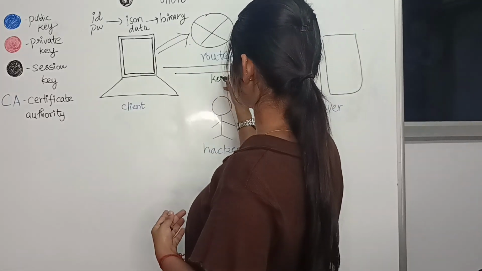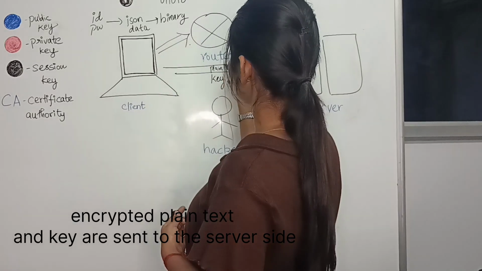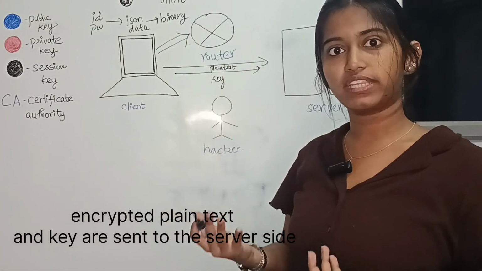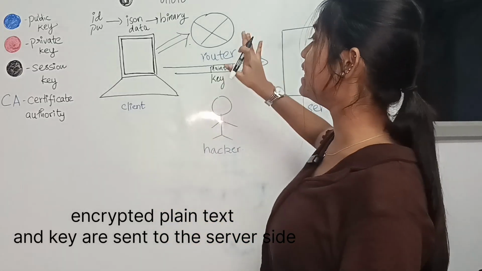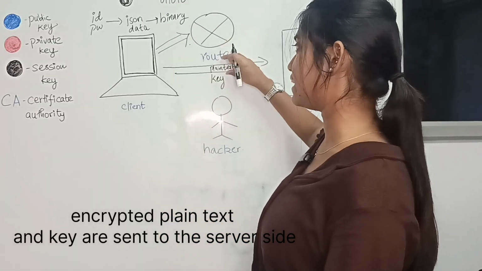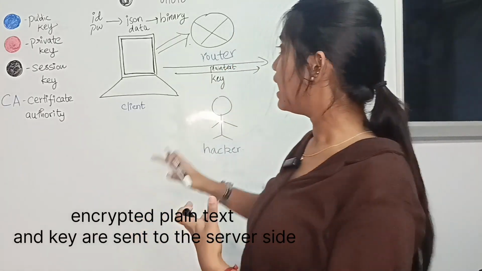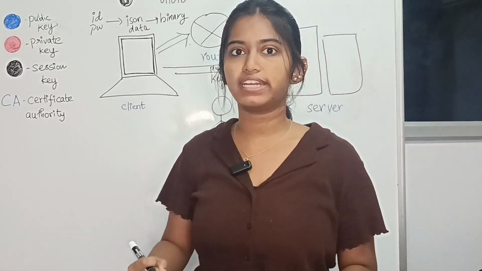But the key is also sent along with it, so it can be accessible to the outside world. Again, in this case also, the hacker can easily decode the data, because he has both the encrypted text and the key. Anyway, it reaches the server, but it also reaches the hacker, which shouldn't happen.